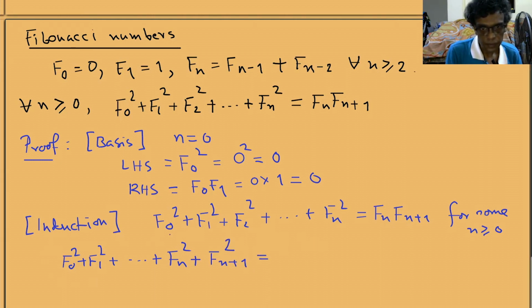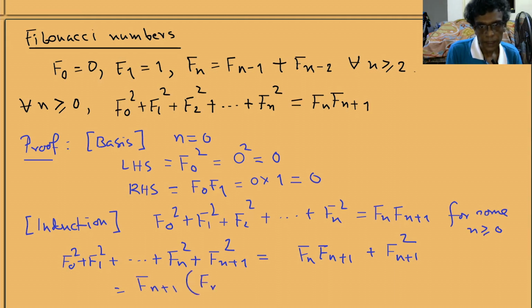Therefore, this quantity is equal to Fn times F(n+1), and then I have added the new term, F(n+1) squared. Then I can take F(n+1) common, and then I have F(n+1) times (Fn plus F(n+1)). By definition, this is F(n+1) times F(n+2), and n plus 2 is nothing but (n plus 1) plus 1.